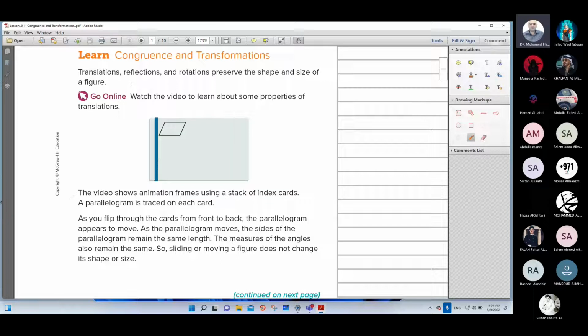So, as you remember, we learned translations, reflections, rotations, and dilations. And the first idea in this lesson is congruence and transformation. Congruence means the same size.